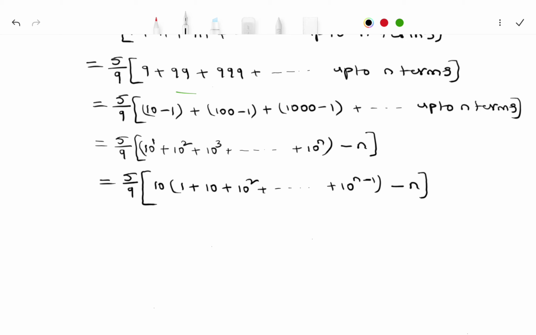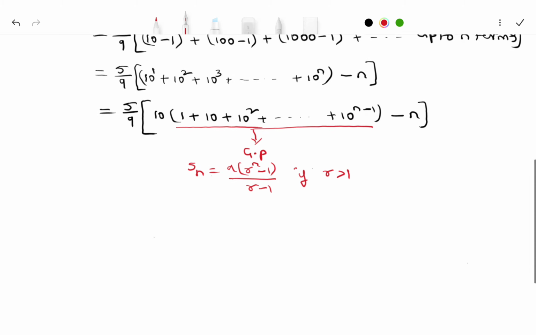All of you look at this. By observing, this part is in geometric progression, and it contains n terms. Sum of the n terms in GP will be equal to a into r power n minus 1 by r minus 1, if r is greater than 1.